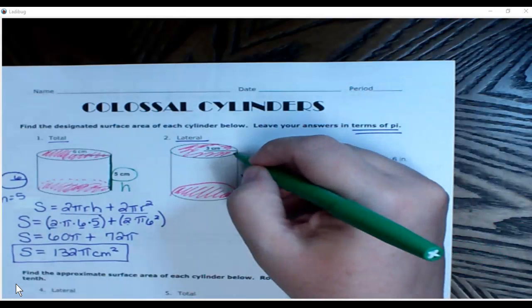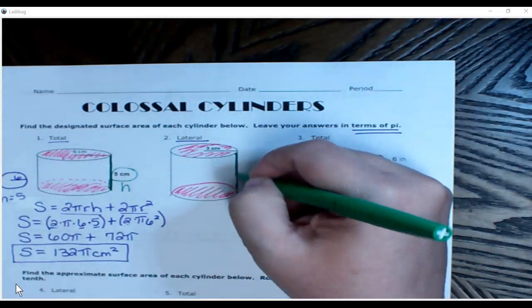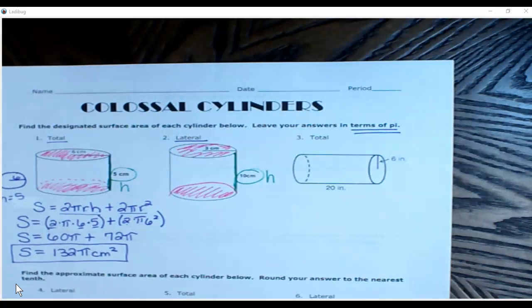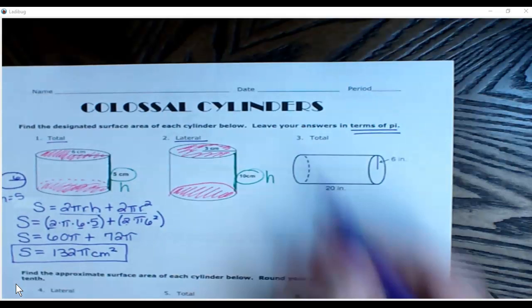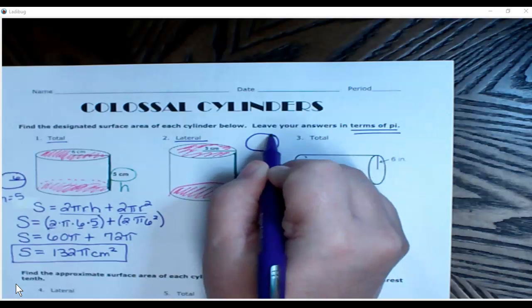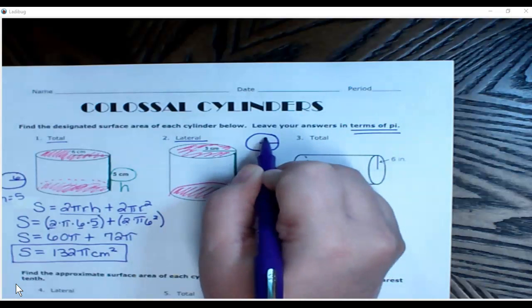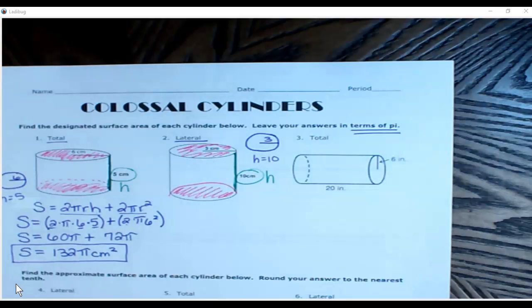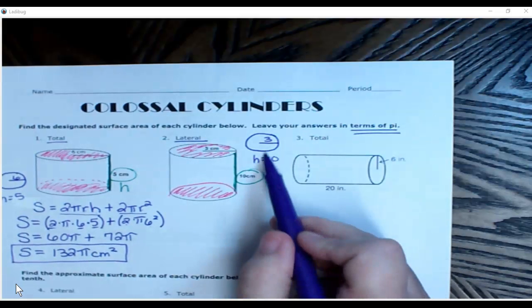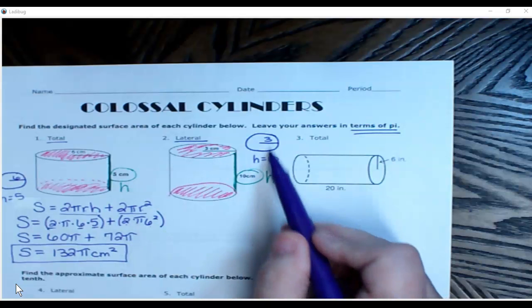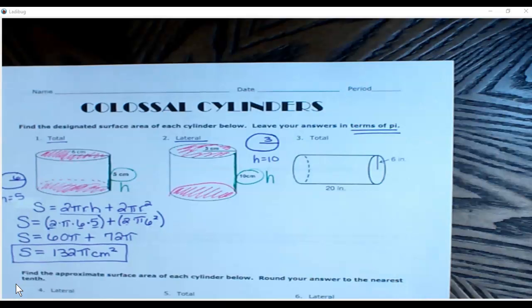It is the distance between the two bases. That is our height. To show your work on your paper again, you could draw the circle, draw the base shape and its measurement. It gave us a radius of 3, the height equals 10. So this part is what I should see on your paper. If you're not comfortable drawing the whole picture, draw the base shape and label the height.